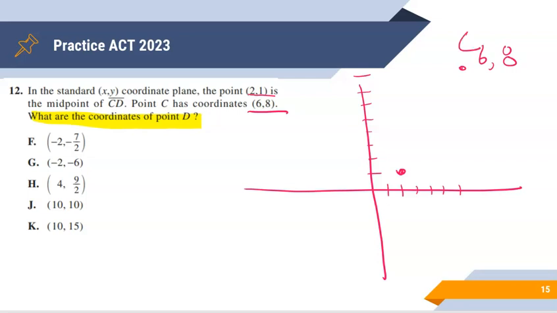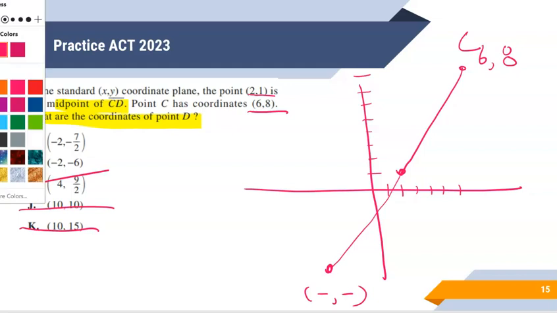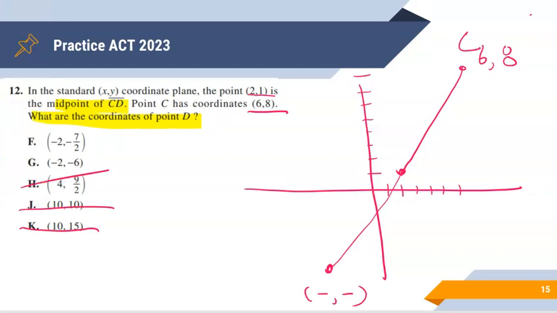And oh, we're told this point right here is the midpoint. So from here to here, it's halfway, right? So we need to figure out what would be the other endpoint. Now looking at just the picture, both these numbers have to be negative. So I can safely get rid of those 3 choices. So it's either F or it's G. Well, looks like from here to here I would go down a distance of 7 and over 4.